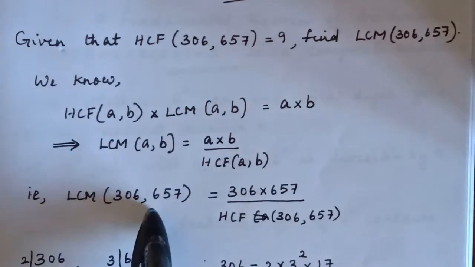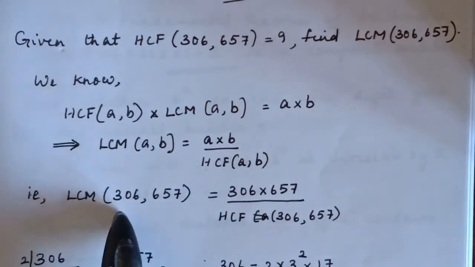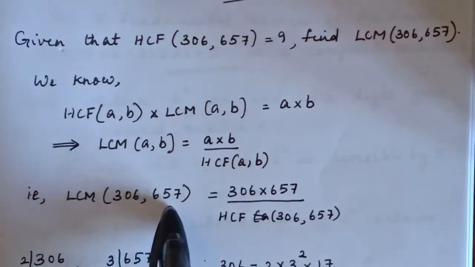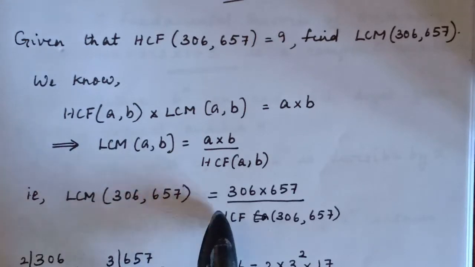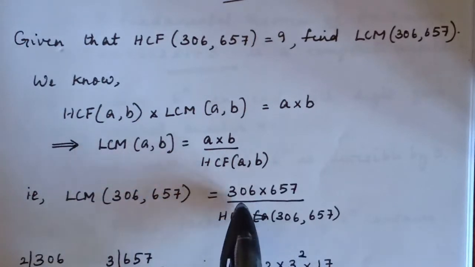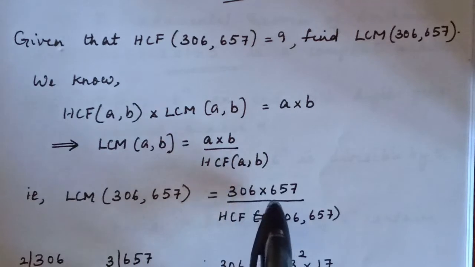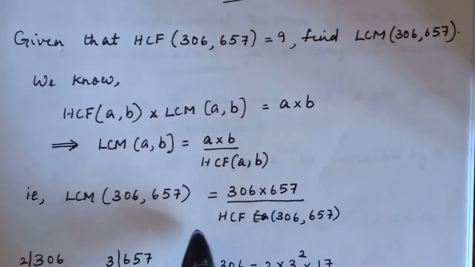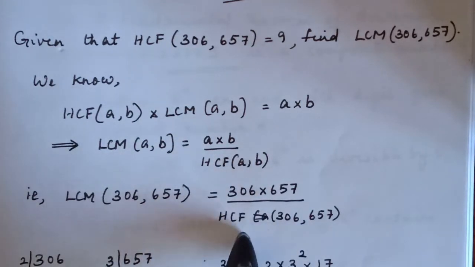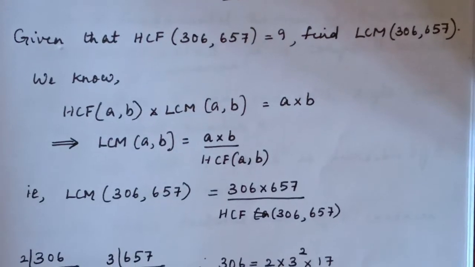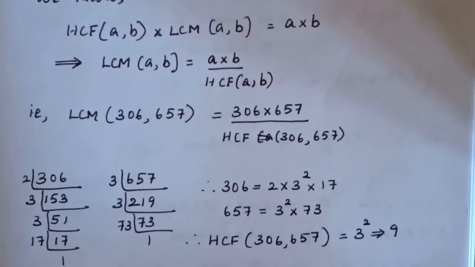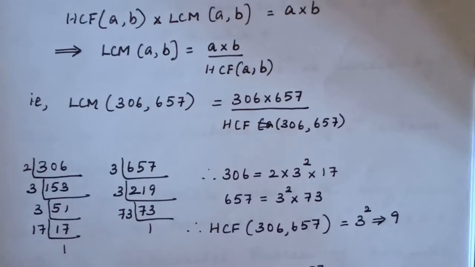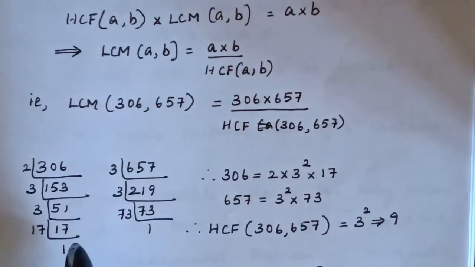That is, LCM of 306 and 657 is equal to the product of 306 and 657 divided by their HCF. So first we will find out the HCF of these two numbers.